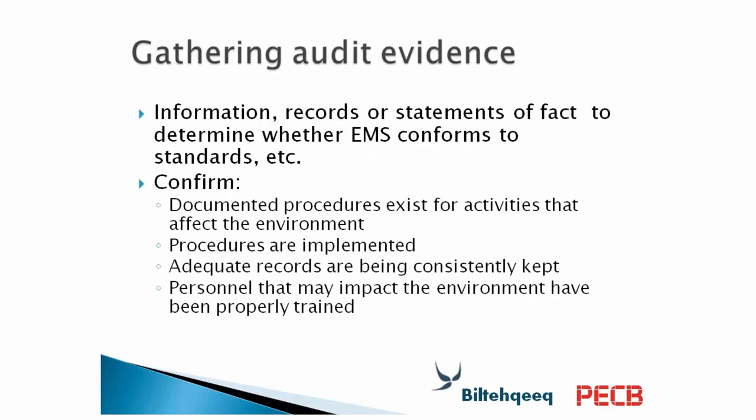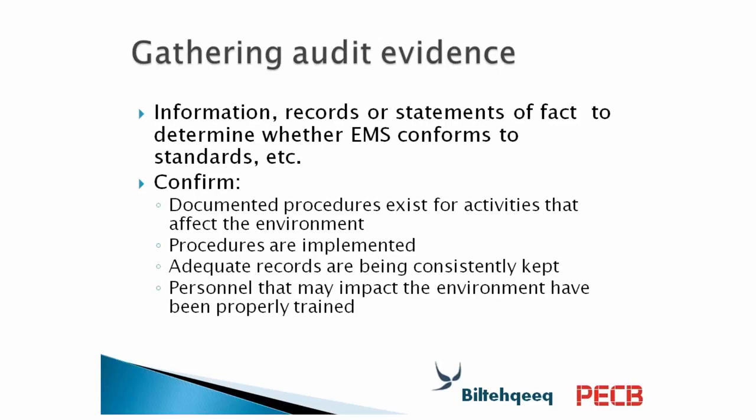And during the audit, you have to gather the audit evidence, and these are the information records, statements of fact, and these are the procedures and implementation of the procedures, and records which are created by the organization during the implementation of these procedures.